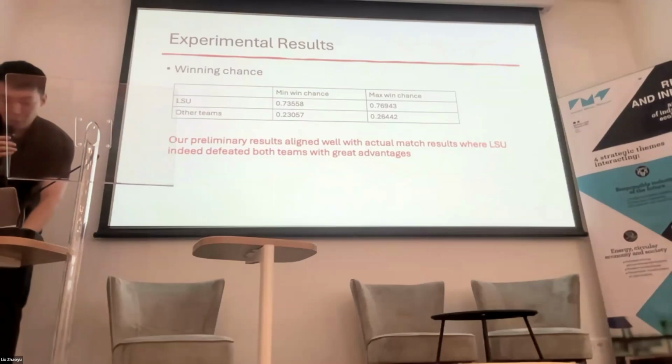So similarly, we can conduct a set of so-called sensitivity analyses to formally verify the effectiveness of different strategies and observe their effects on the overall winning chance. And this can be applied by players and coaches.